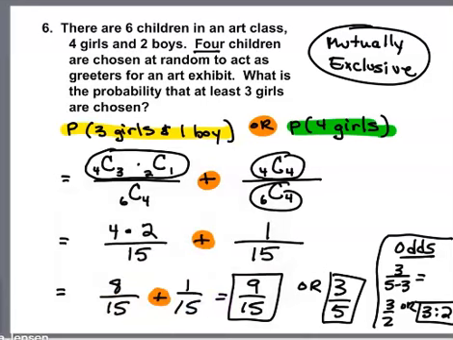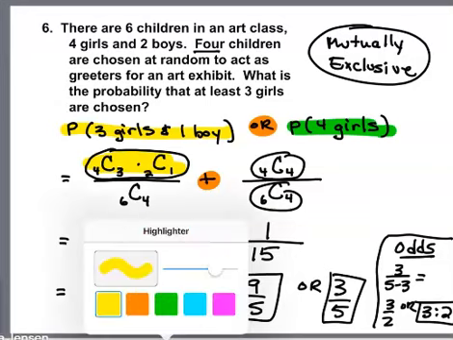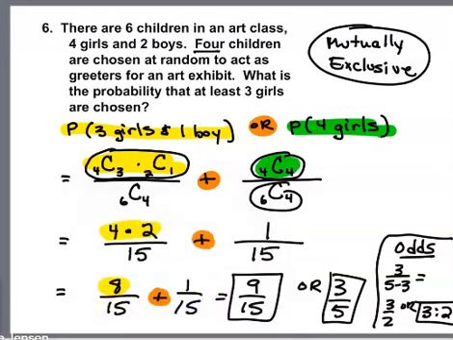We took all the ways it could come up, 3 girls and a boy, that's all the ways it can come up that way. And it was added to all the ways it can come up with 4 girls. It's only one way. And that was over the total. So of course, remember with the total, that denominator stays the same when we add those together.